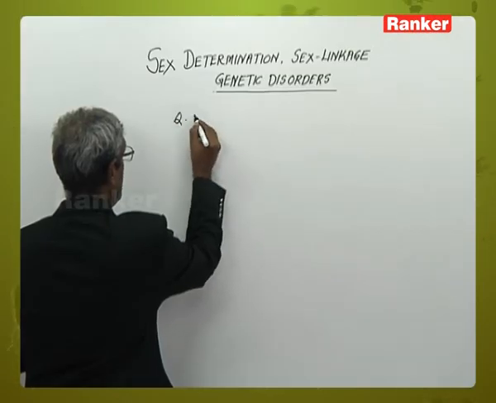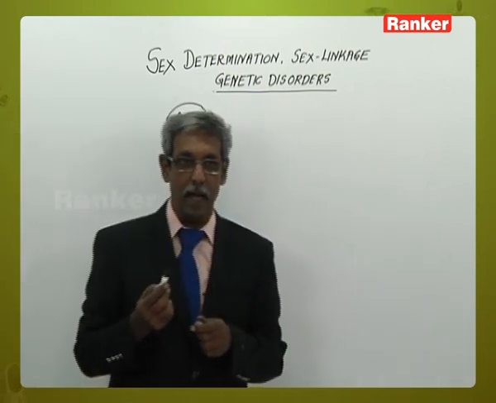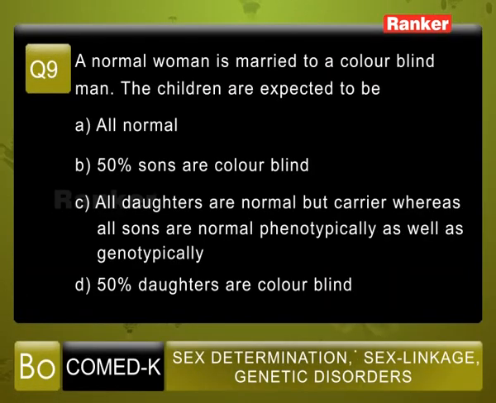We go to question number 9. Question number 9 asks, a normal woman is married to a colorblind man. We have the man who is colorblind. The children are expected to be A, all normal. It's not the case. B, 50% of the sons are colorblind. Yes, to a certain extent it is right.